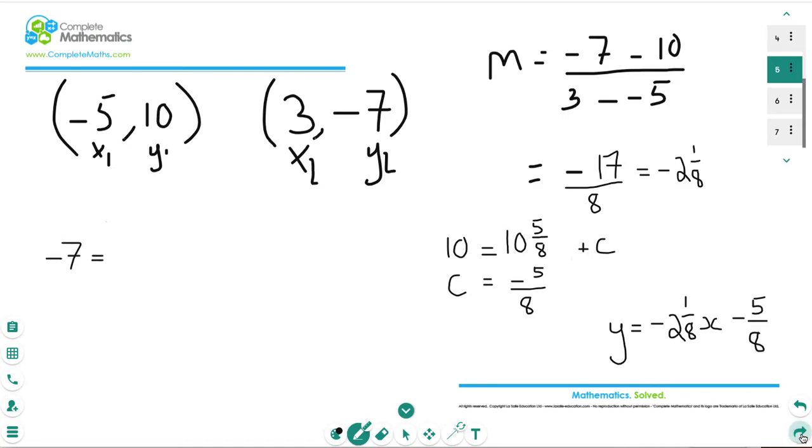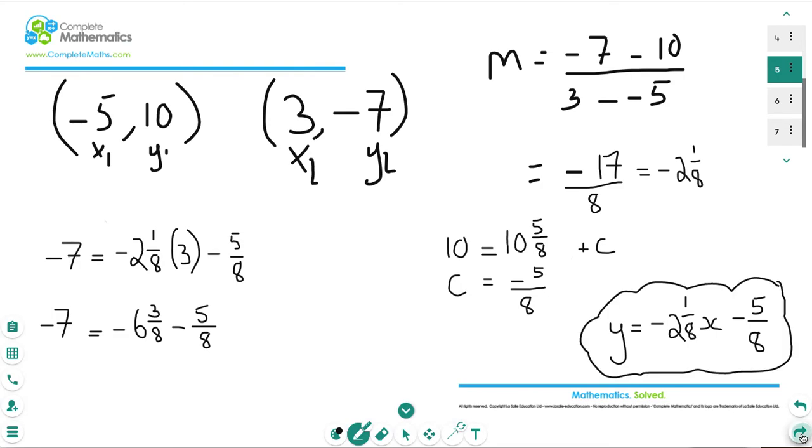Minus 7 equals minus 2 and 1/8, lots of 3, minus 5/8. Minus 7 is minus 6 and 3/8, minus 5/8. And you can see that this does indeed hold true. So our equation would be y equals minus 2 and 1/8 x minus 5/8.